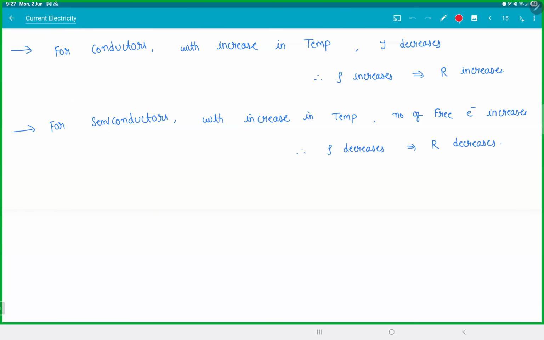Clear this? And so the resistance R is given by R naught into 1 plus alpha delta T. Here R naught is the resistance at 0 degrees. Sometimes you'll get questions like this: the resistance of a so-and-so conductor is 100 ohms at 30 degrees, find the resistance at 50 degrees. Then you use this formula. Alpha is the temperature coefficient of resistivity. This kind of looks like linear expansion.